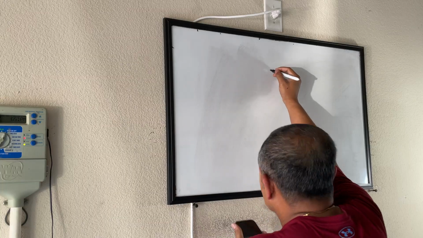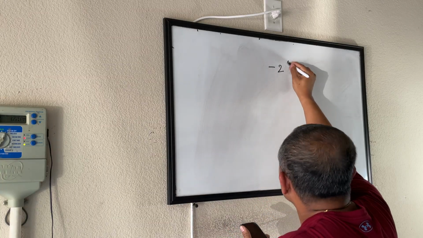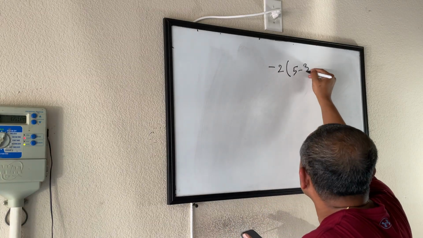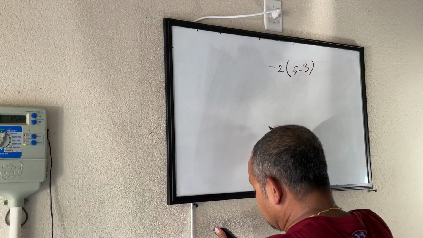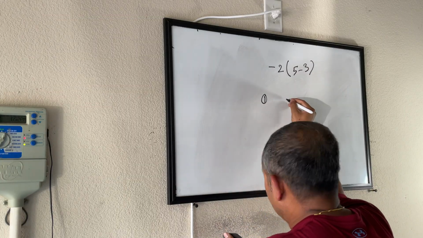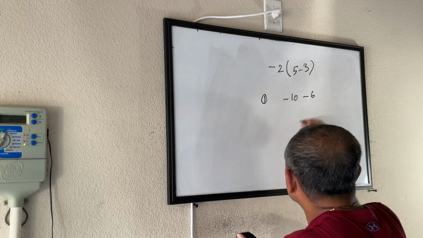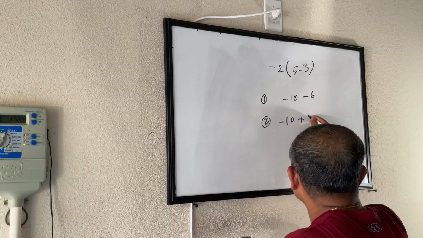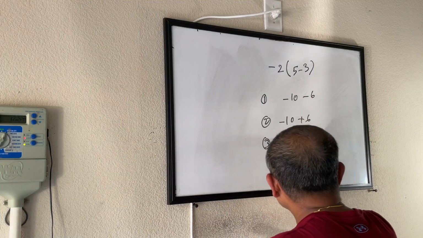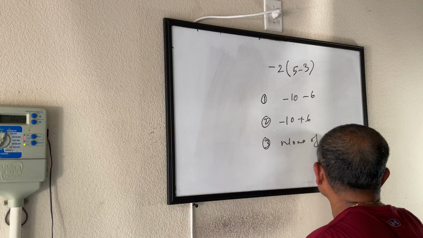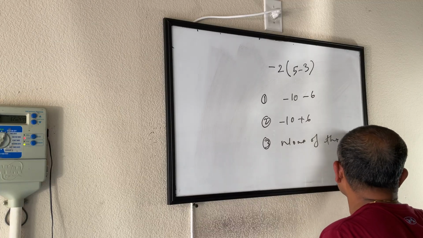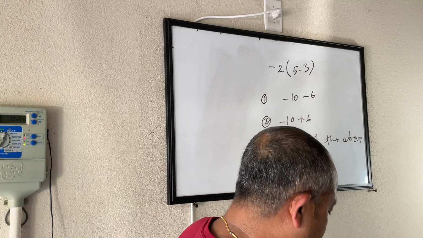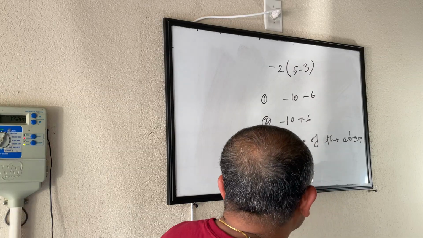It says, which of the following expressions are equivalent to minus 2 times 5 minus 3? And the options that you have are minus 10, minus 6. Second option is minus 10 plus 6. Third option is none of the above. Whoever is rushing for an answer, give yourself a minute at least.